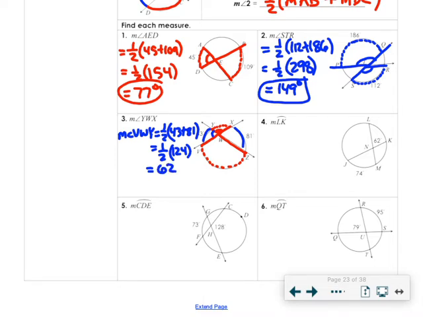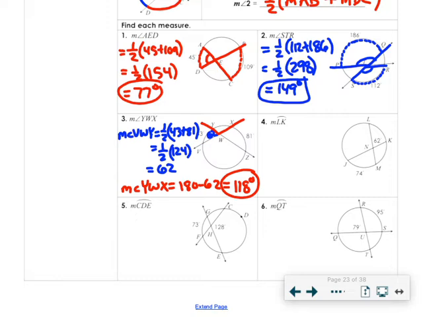That's not the answer for what we want, but let me show you what we just got. We just figured out that this is 62. And what we want is this angle that's right next to the 62. So the measure of angle YWX is going to be 180 minus 62, since that is a linear pair. So this is 118.